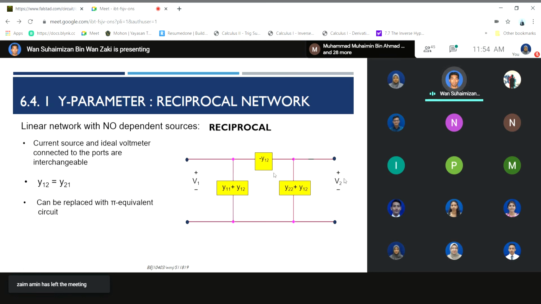So this is the reciprocal equivalent circuit for admittance. How do you know if it is reciprocal or not? You compare Y12 and Y21. If they are the same, you can represent the Y parameter as a reciprocal equivalent circuit.